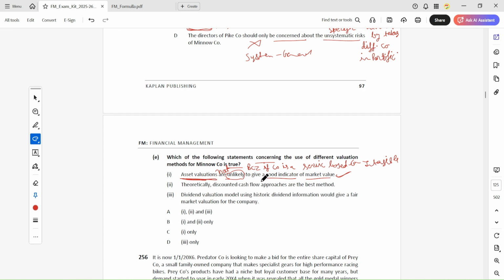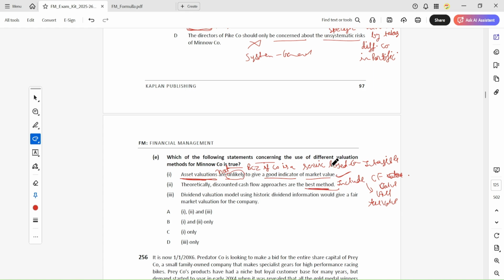Next, theoretically, discounted cash flow approaches are the best. Yes, because discounted cash flow based methods include the future cash flow, so they include all the value of a company.